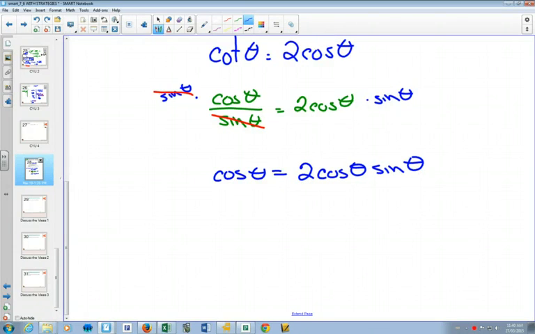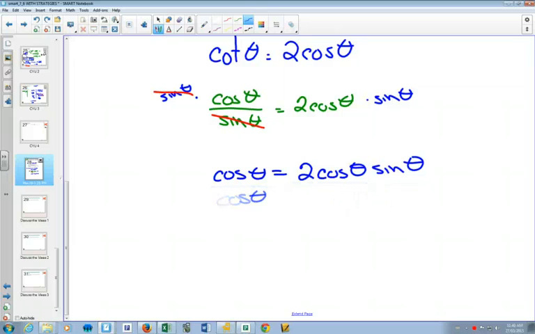Now I don't have things in one function, because I still have a sine and I still have cos. None of them are squared, so I can't change them. And this is where so many people get very tempted to divide both sides by cos. Don't you get rid of the coses? Yeah, and that would be nice, because then you'd only have sine.